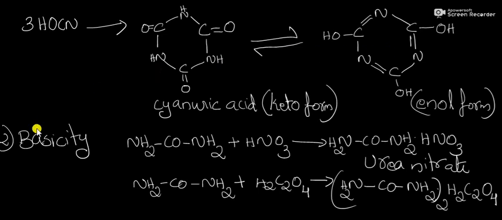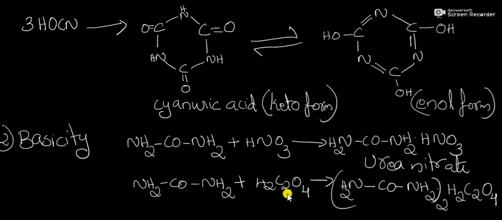Then the next chemical property is its basicity. We know that urea is a weak monoacidic base. Concentrated nitric acid or any other acids can react with this base. Here we discuss the reaction of nitric acid and oxalic acid.